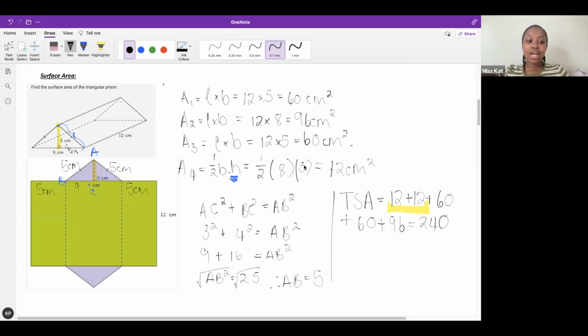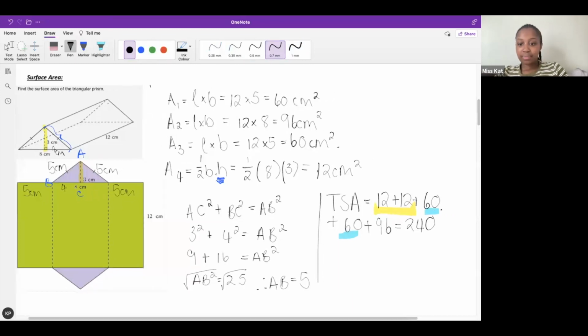Oh, it's 240. Did you add the 160? I don't know what you did. I think you missed one of the 60s. Remember, there's two 60s. There's a 60 over here and another one over here. Maybe that's what happened. Okay. So it's 240 centimeters squared.